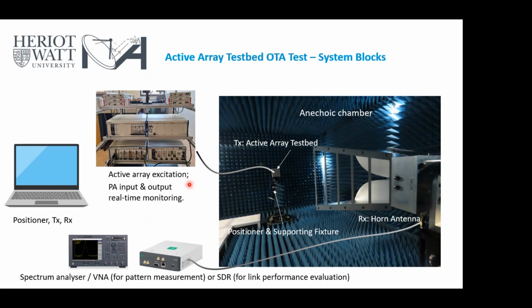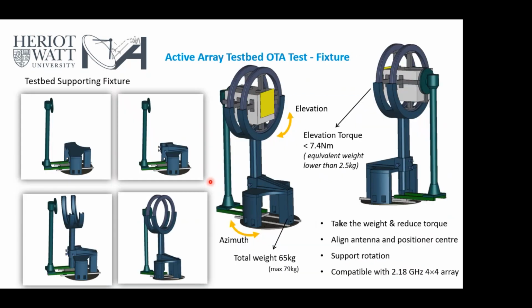Also, we have the PC to control all the SDRs or the VNA, spectrum analyzer, and also the positioner that will help to measure the pattern. It's not quite easy to measure the pattern because our positioner cannot support very heavy loads. Then we have to design something extra to assist the pattern measurement.